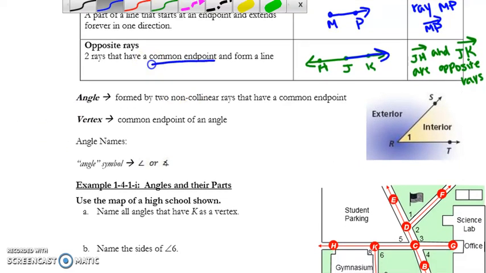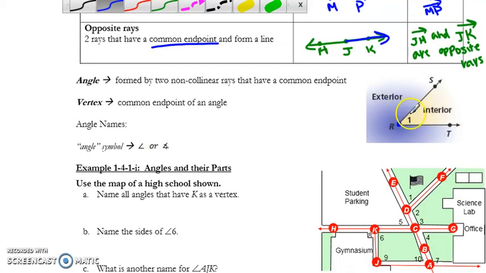So an angle is formed by two non-collinear rays that have a common endpoint. So here's their common endpoint, and there's their rays. This would be the interior, and this would be the exterior. This is called the vertex. So R is its vertex point, that common endpoint. So we can name this by its number or by the three letters, so SRT.